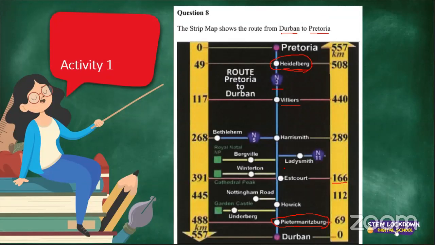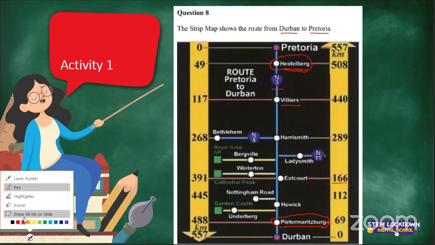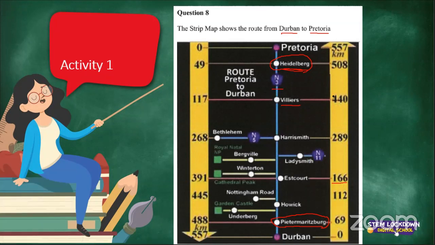So for the distance between these two, let me use a different color. You can say, right here, 508, which is what I think you did, minus 69. And then your answer was 439. Well done.